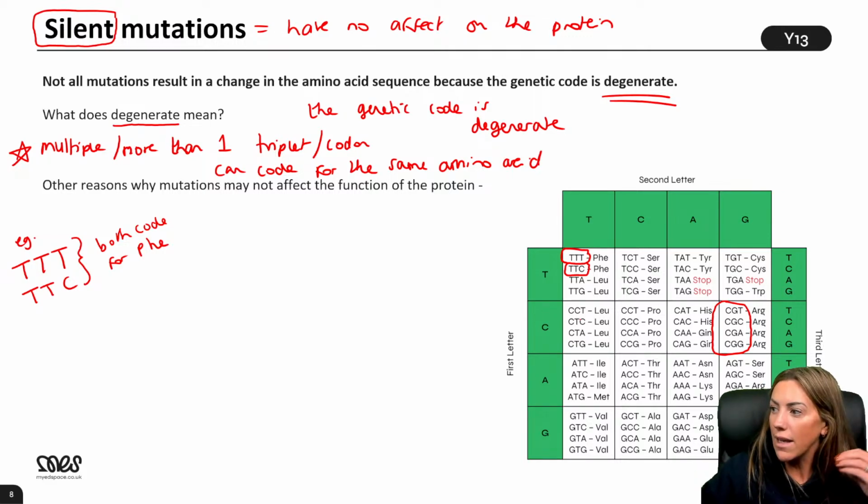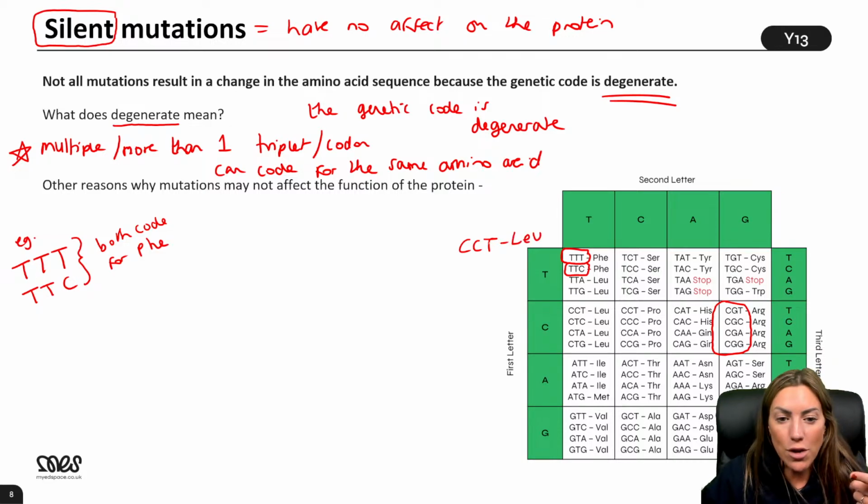So if we are looking at, let's take an example. CCT codes for leucine. In humans, in wasps, in bacteria, in grass plants, in every single living thing, if there is that sequence of bases, it will code for the same amino acid. It's evidence for evolution. Yeah, all living things, same triplets code for the same amino acids. It's like really good evidence for evolution, isn't it?